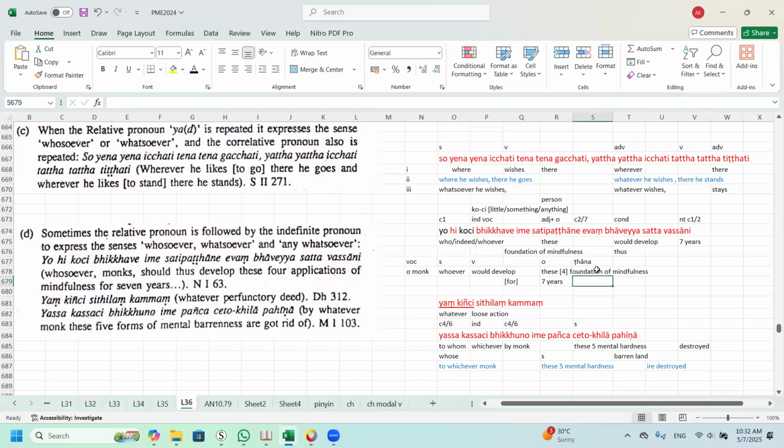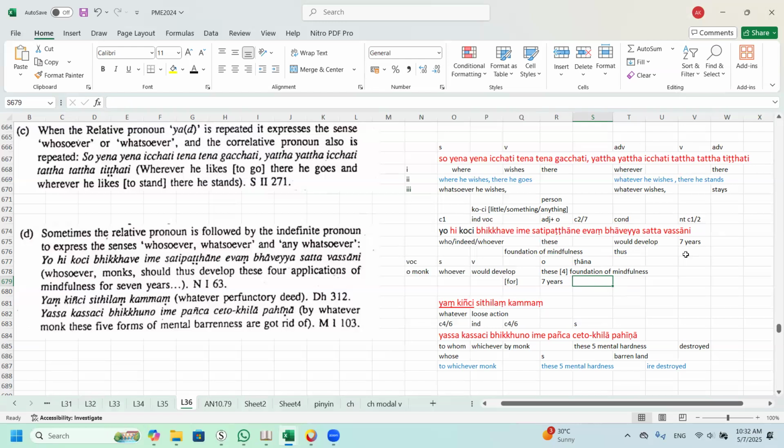This is a noun, standing. Standing can mean foundation. So that means this foundation of mindfulness. The four, of course, automatically we know that this is referring to the four foundations of mindfulness. So this is how it goes.